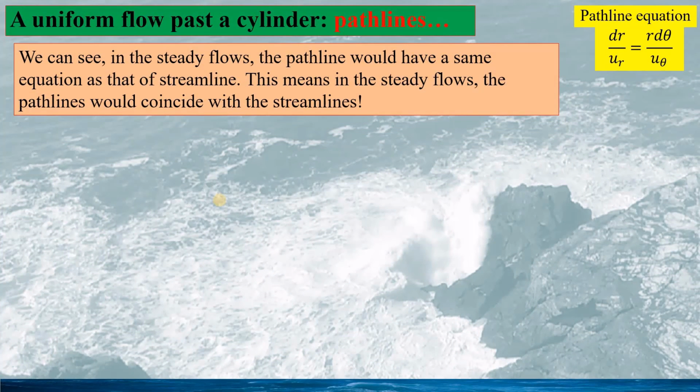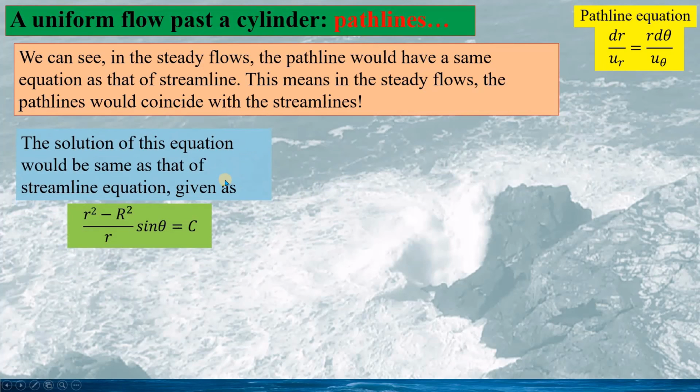Now we can see in the steady flows, the Pathline would have the same equation as that of Streamline. This means in the steady flows, the pathlines would coincide with the streamline, and the solution of the Pathline equation would be same as the stream function given as this.